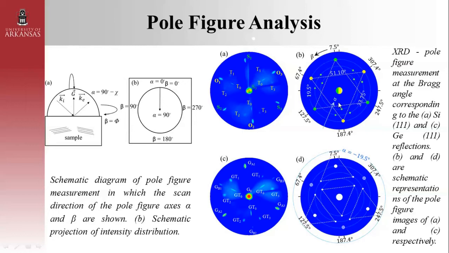Here we find another hexad of spots: GA1, GB1, GA2, GB2, GA3, and GB3. This is at the same value of alpha, that is 19.5 degrees. It is important to note that the triad GA1, GA2, and GA3 is more intense than the other triad GB1, GB2, and GB3.